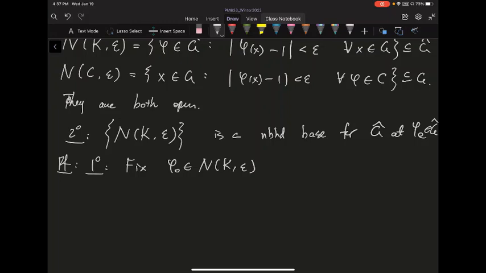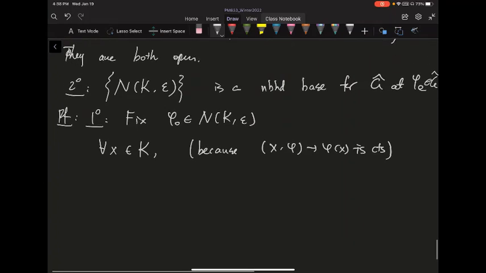So for every x inside this K, because this map is continuous, and I know that phi 0 of x is within epsilon of 1, I can find some neighborhood of this x and some neighborhood of phi 0, so that on this joint neighborhood, |phi(x) - 1| is going to be less than epsilon.